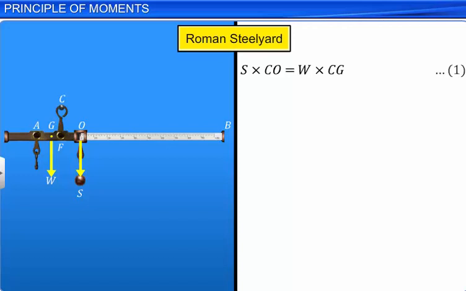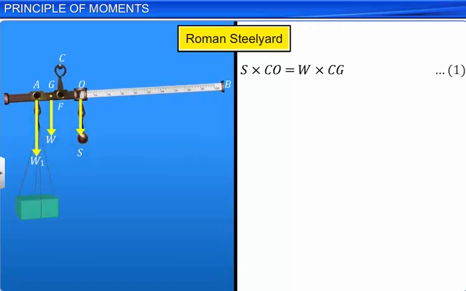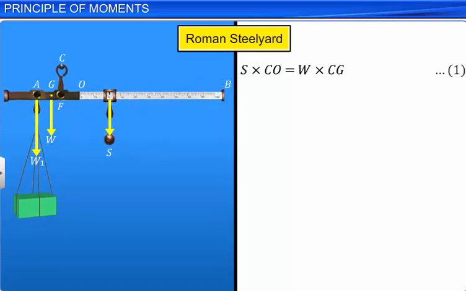Now a load of unknown weight W1 is attached to the hook at A. The adjustable rider S is moved towards B to a position X on beam AB to balance the load. The beam is now horizontal again.